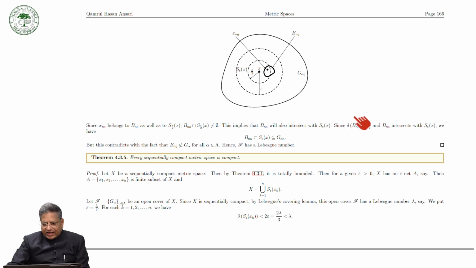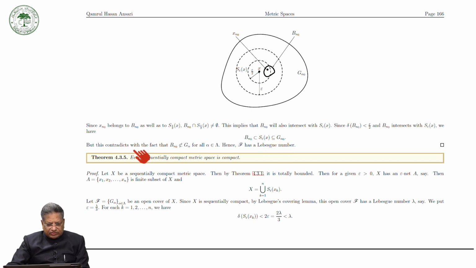Now since the diameter of B_n0 is less than epsilon by 2 and B_n0 intersects with S_epsilon(x), we have B_n0 is a subset of S_epsilon(x) and S_epsilon(x) is a subset of G_alpha0.